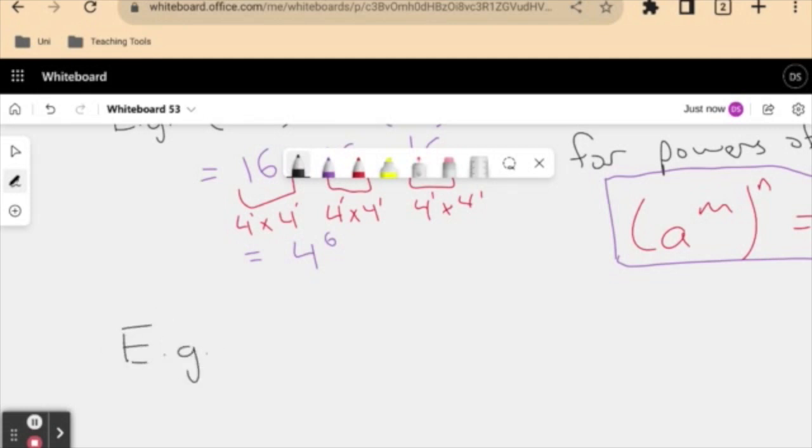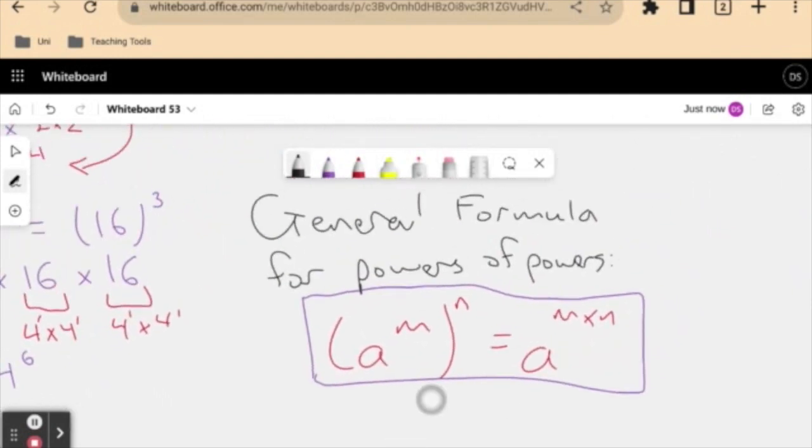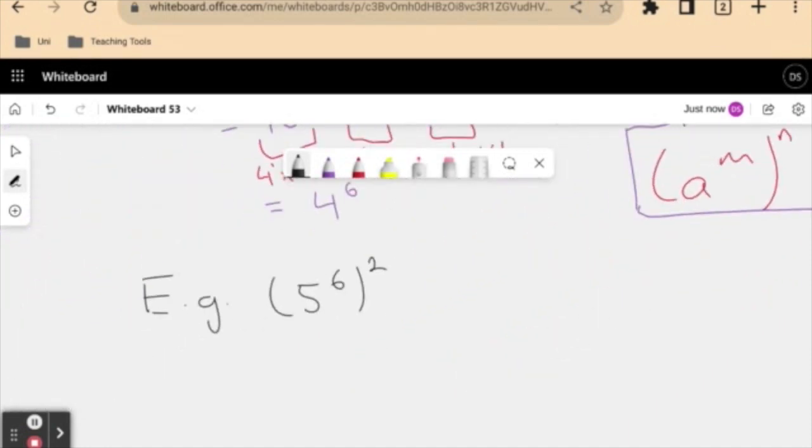You can in your own time tell me what 5 to the power of 6 all squared gives me, and then use your indice laws that we've come up with. Have a go at this. Come up with an expression of this to the base 5, and then put it into your calculator.